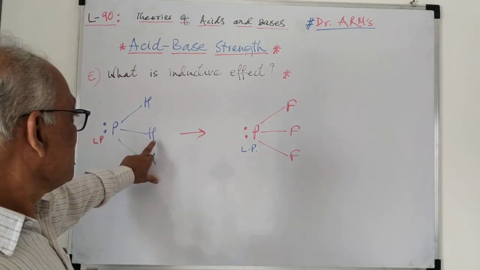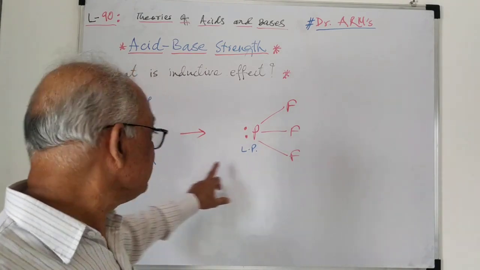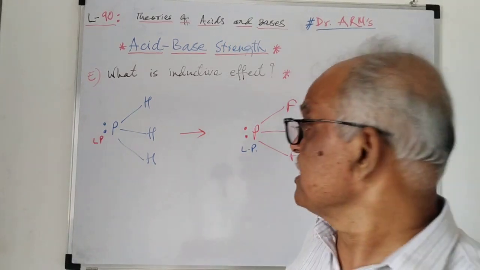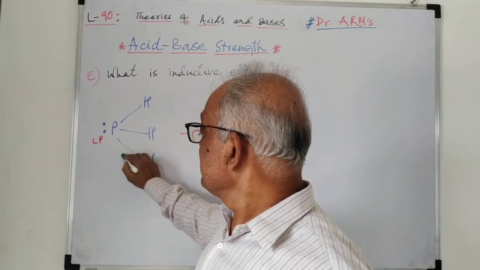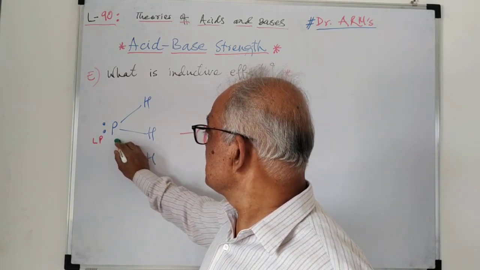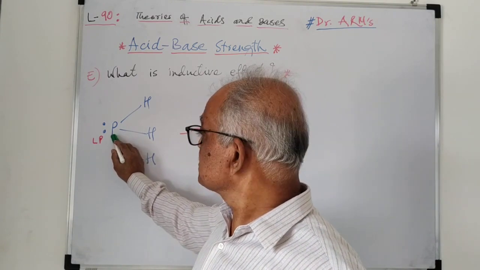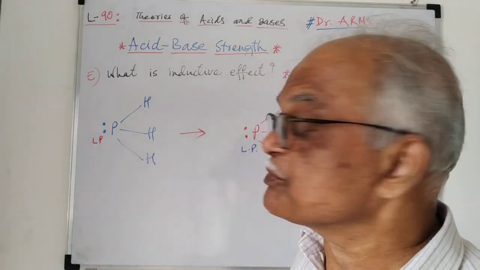So here, if we compare the electronegativity of the species, we find that hydrogens are much less electronegative compared to fluorine. So this bond pair is held strongly between the two atoms, but it is more here. If we compare the electronegativities of phosphorus and hydrogen, phosphorus is more electronegative.